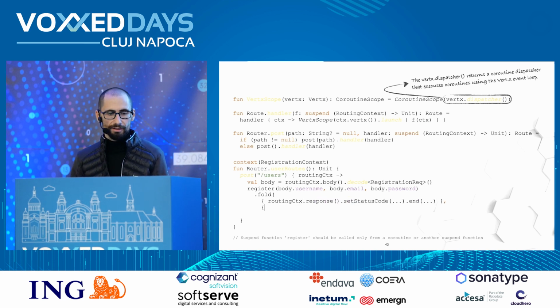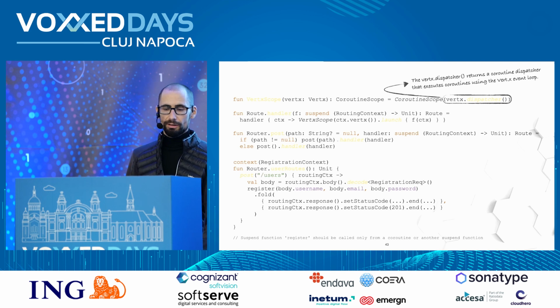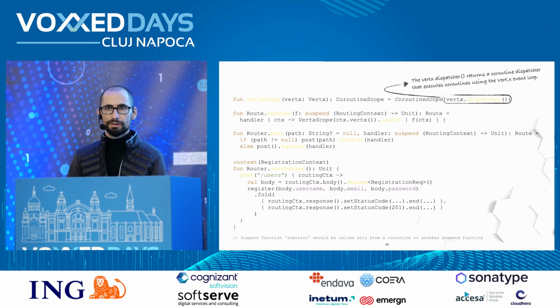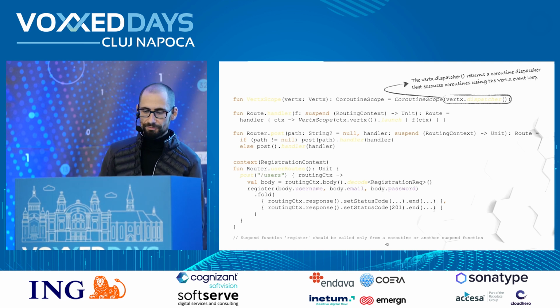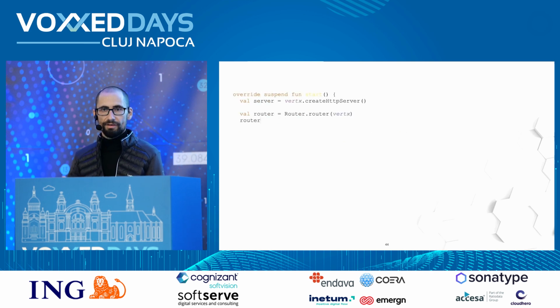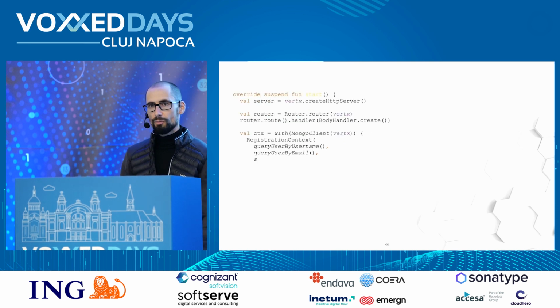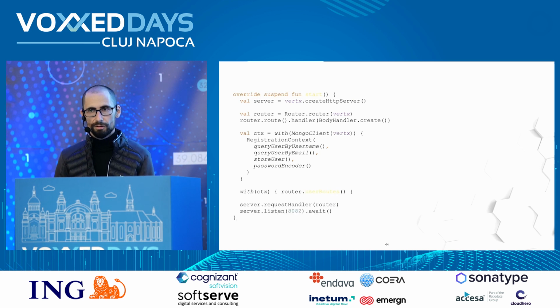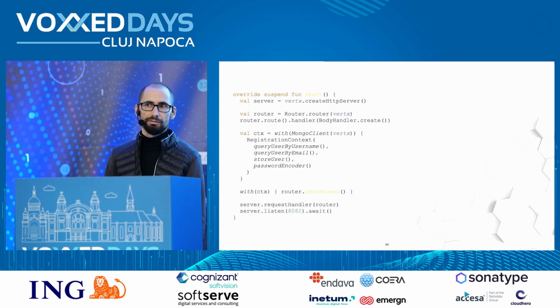Now that we've done this, instead of using the post that comes from Vert.x, we're using the post that we created as an extension function and doing pretty much the same things that we did with our Spring Boot app.